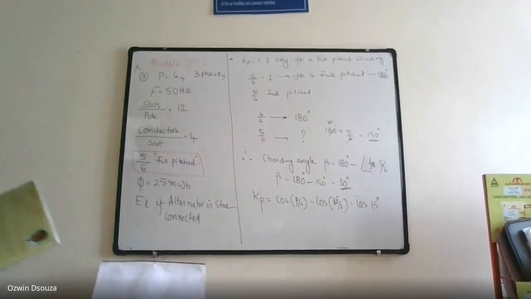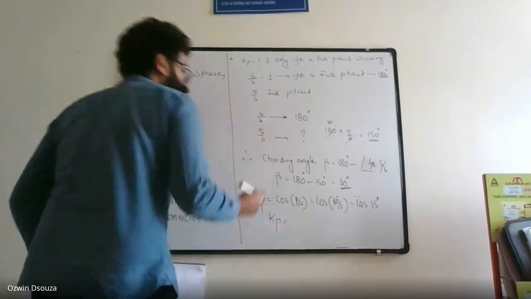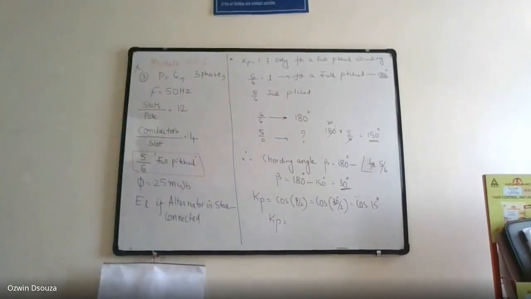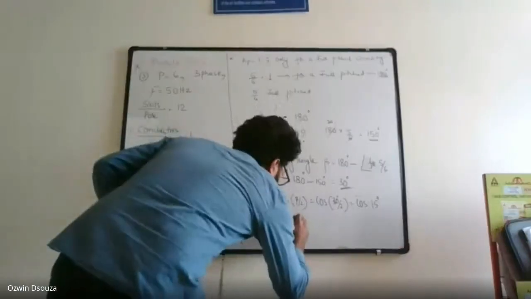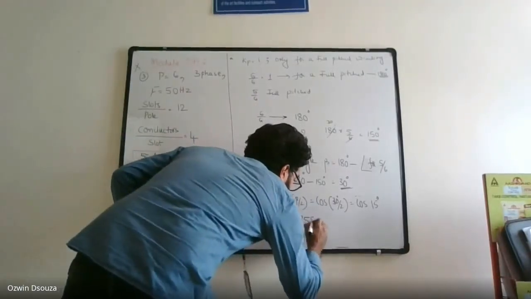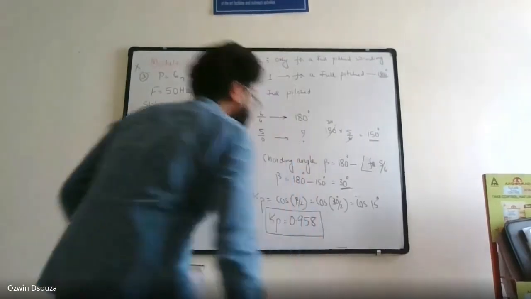Yeah, cos beta by 2. So how much will you get? Kb, cos of beta by 2, is 0.958.